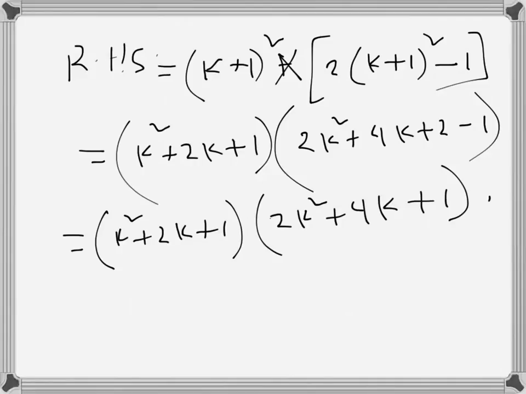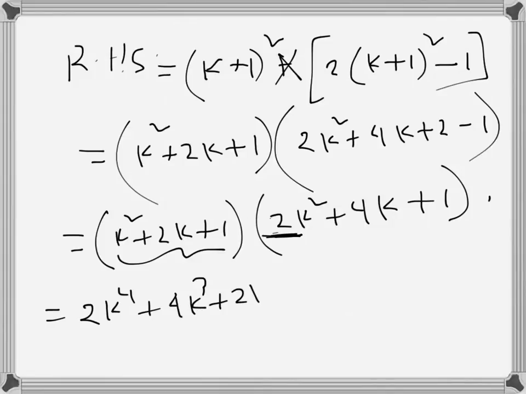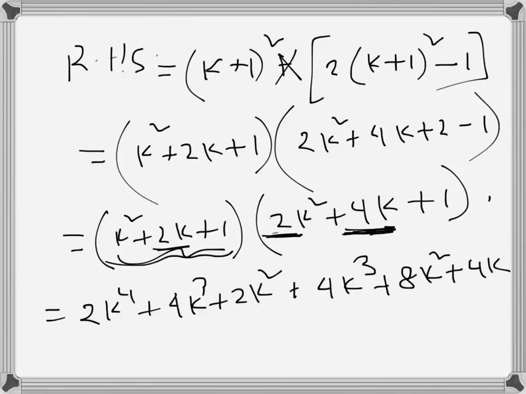Now if we multiply the whole thing with 2k squared first, it becomes 2k to the power 4 plus 4k cube plus 2k squared, then multiply with 4k the whole thing, so it will become plus 4k cube plus 8k squared plus 4k. Finally multiply the whole thing with 1, so it remains just the same, k squared plus 2k plus 1.